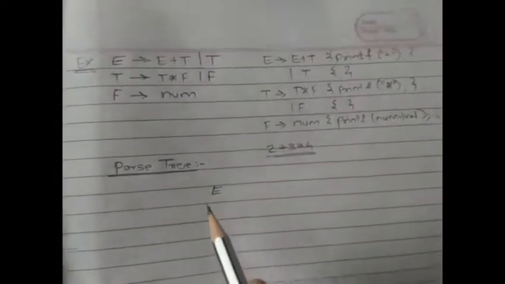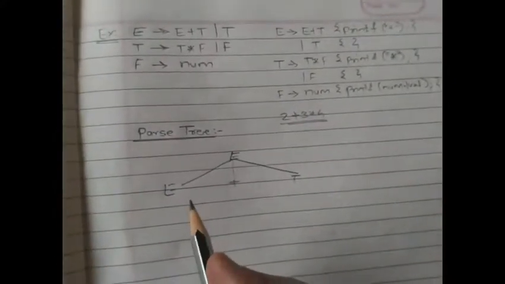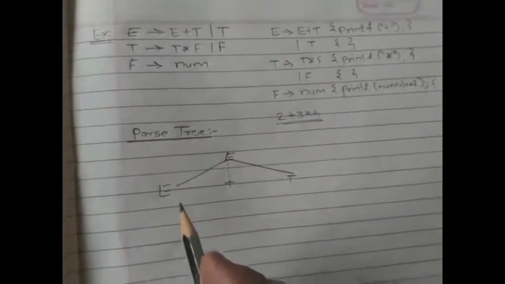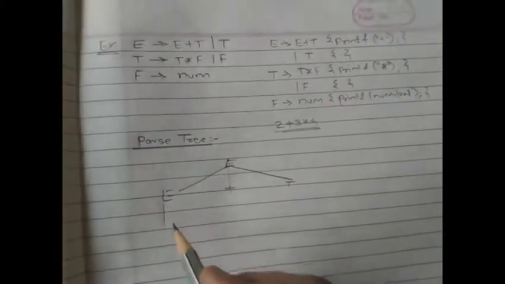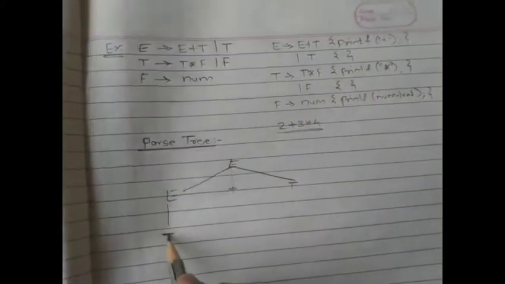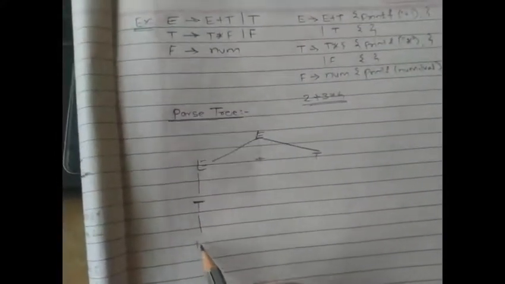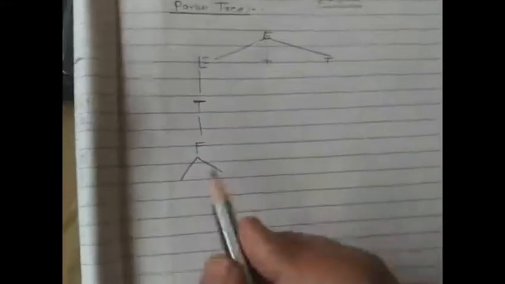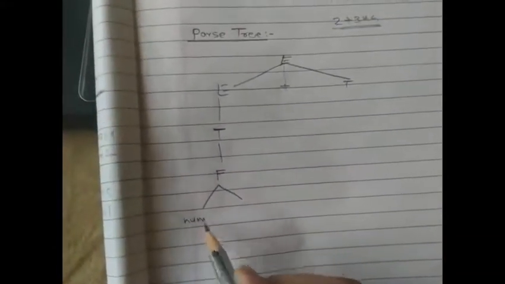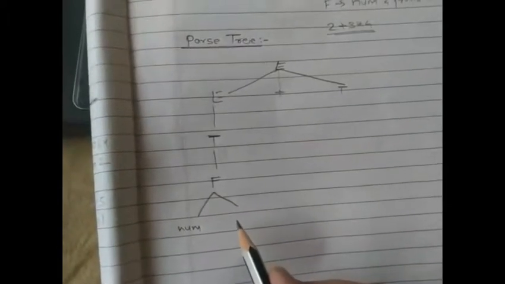E derives E plus T, then E derives T, this T derives F, and F derives num, with a production or some semantic action.